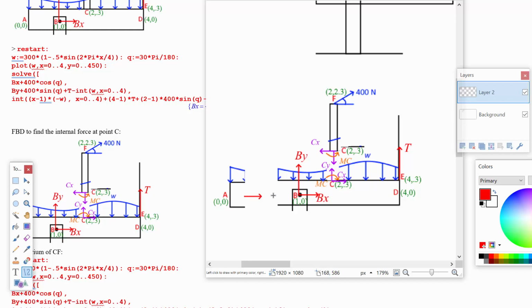We've got our normal force N. We've got our shear force V, down on that side, up on that side by default, using the sign convention that we're sticking with, and the internal bending moment M. There we go, and there it is, M and M.